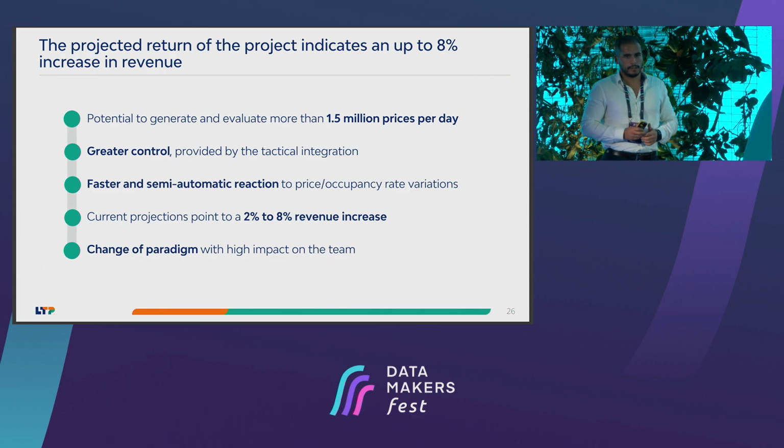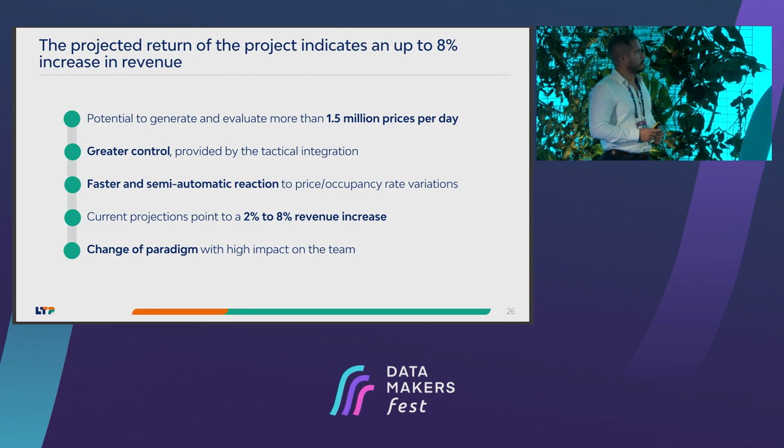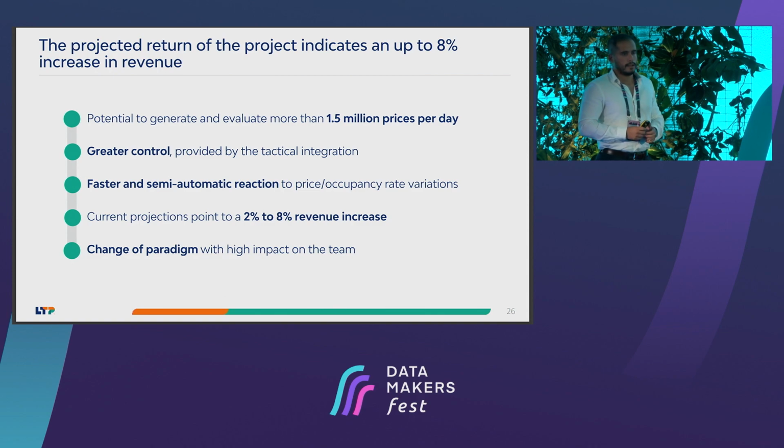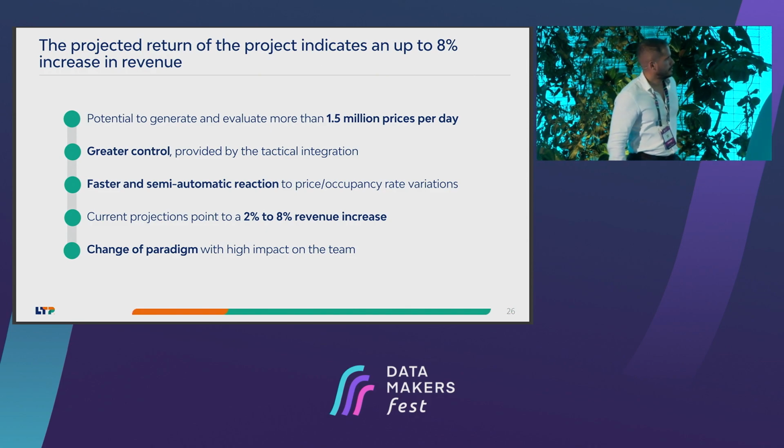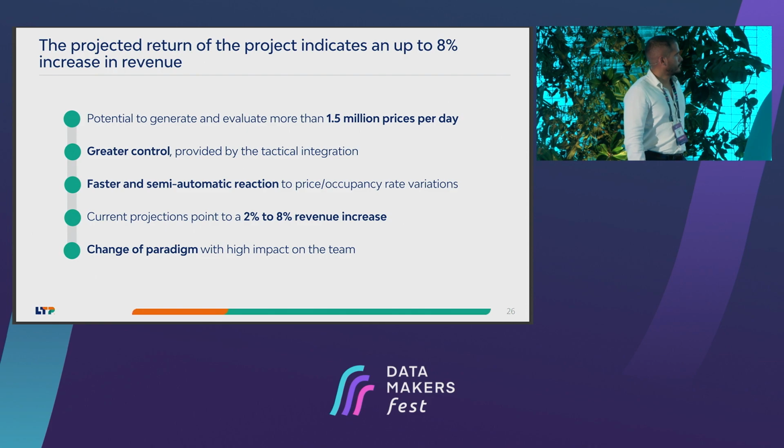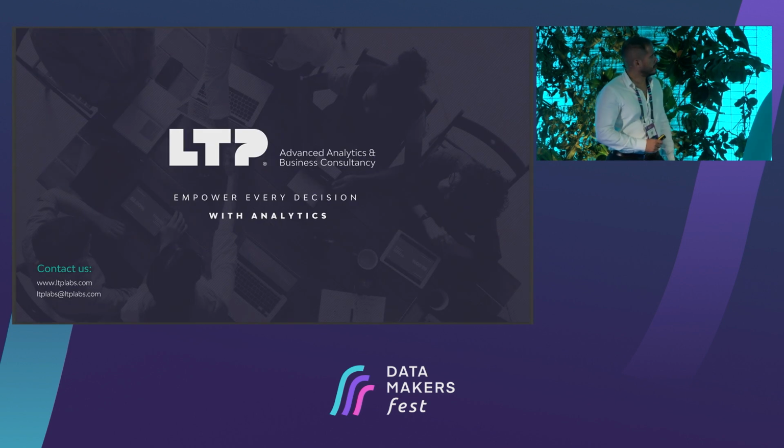The current projection, based on the testing pilot that we did, points to a 2 to 8% revenue increase, which is a lot in this type of project and in this type of company as well. And so we try to change the paradigm of the team that is behind this project as well. Thanks a lot.